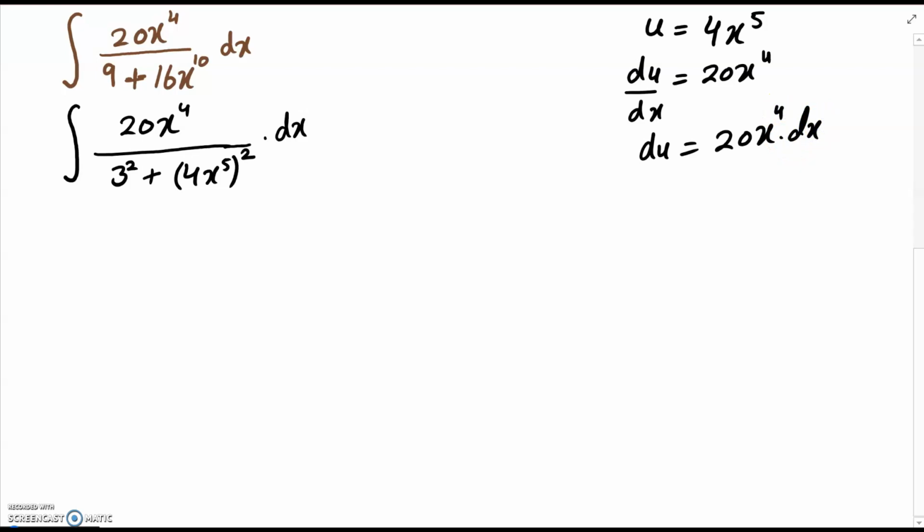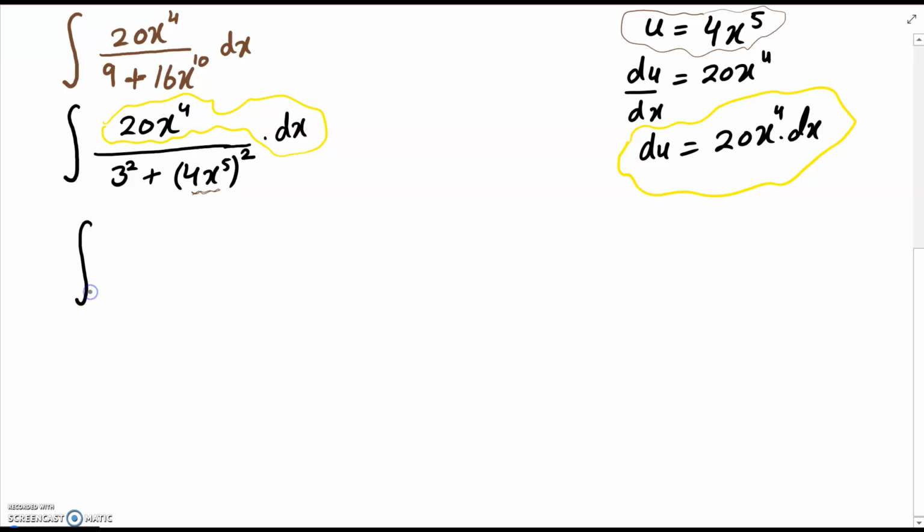Now look, this value I will replace with du, and this value 4x to the power of 5 I will replace with u. Okay, so let's do it.